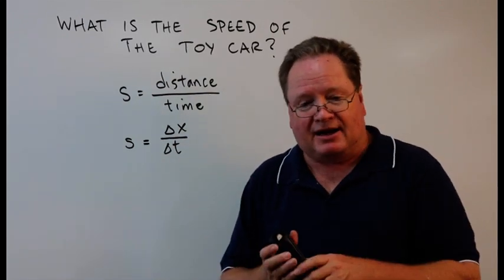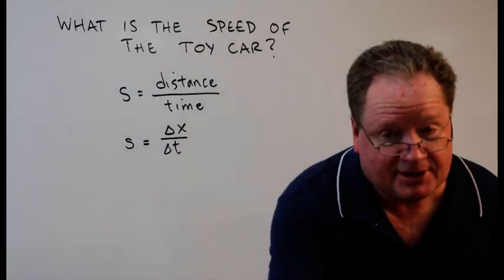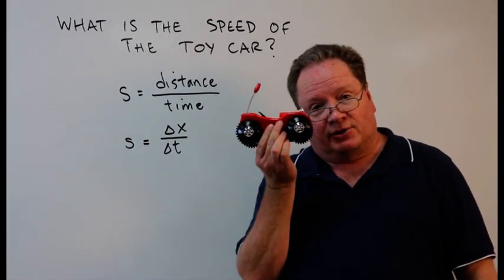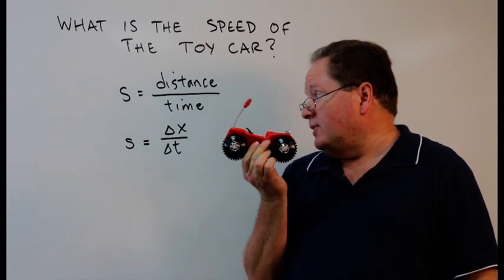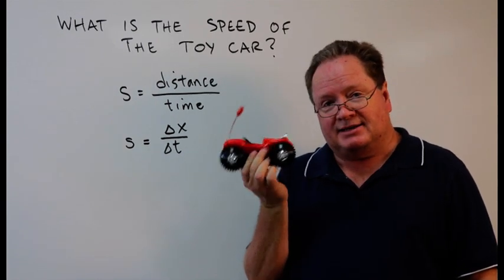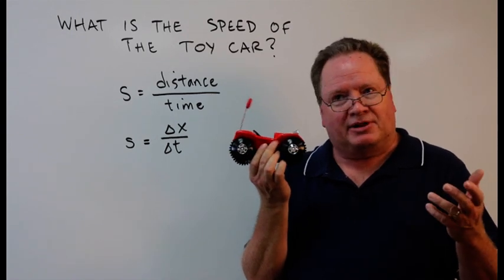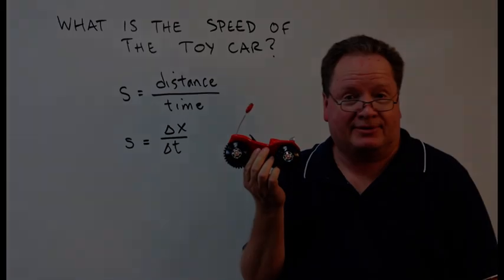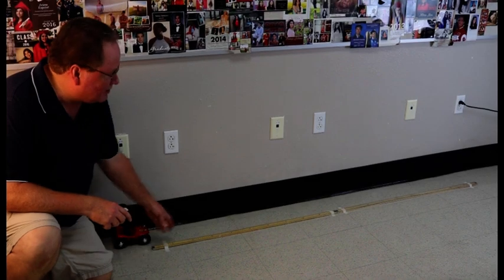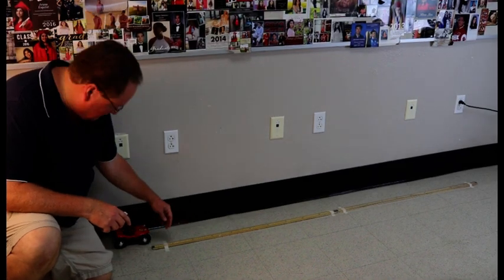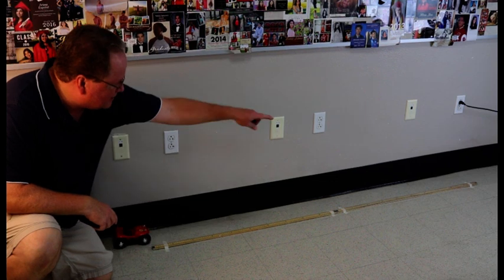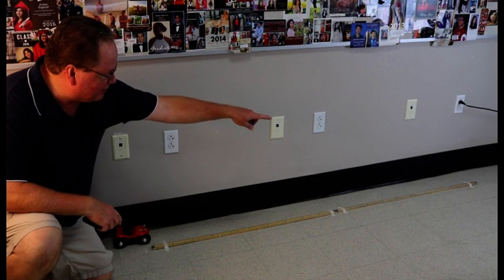So we're going to get everything set up here, and we're going to determine the speed of a little toy car. This toy car, we're going to calculate the velocity of, but when you're asked to calculate your velocity, it really would be the same two variables. Okay, so we have 2 meter sticks that are laid out here. So I've got 2 meters from this point to the end of the stick down there on the floor.